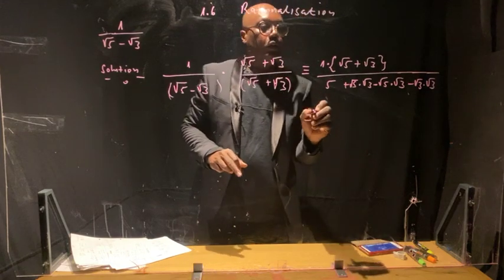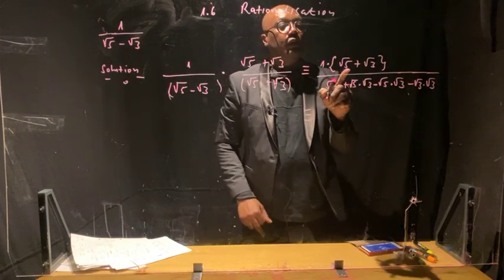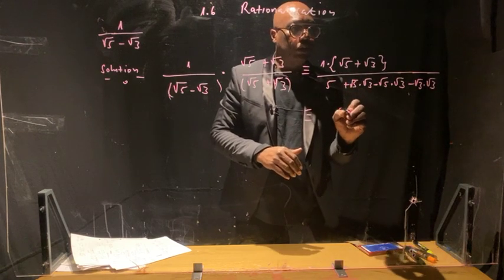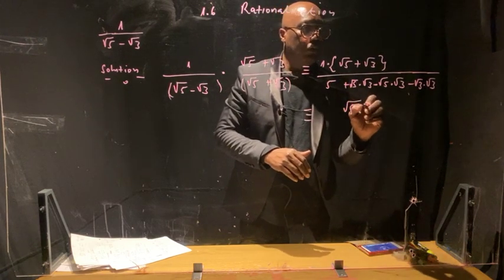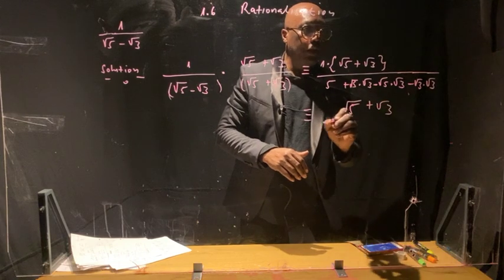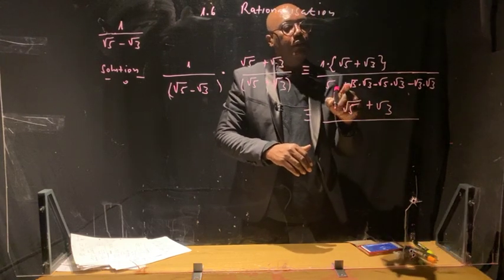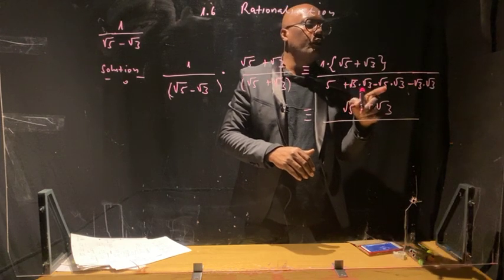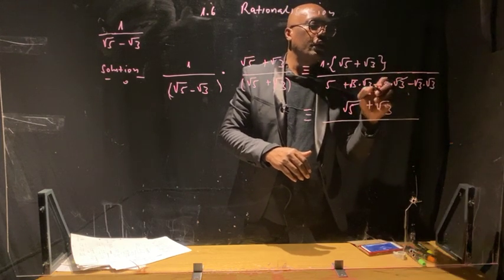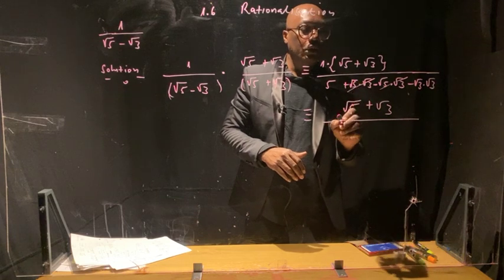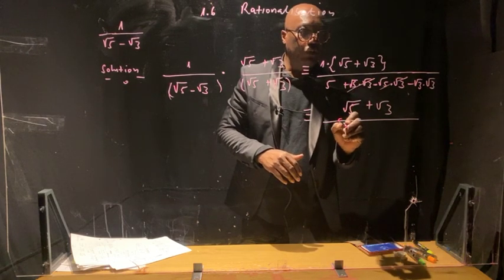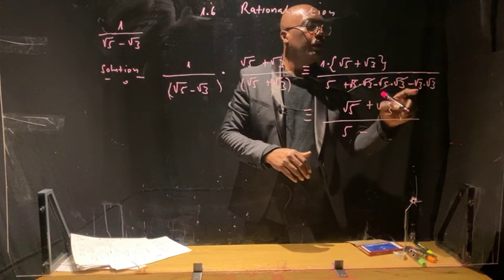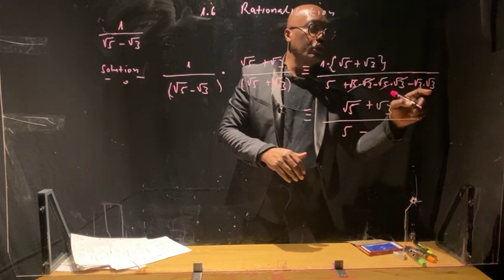So 1 multiplied to this expression, the expression remains the same. So the numerator is root 5 plus root 3. And the denominator: plus root 5 multiplied to root 3 minus root 5 multiplied to root 3. This one and this one cancel out. So we are left with 5 minus root 3 times root 3, which is equals to 3.